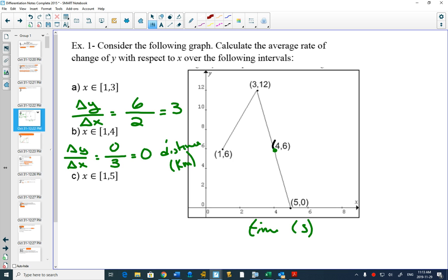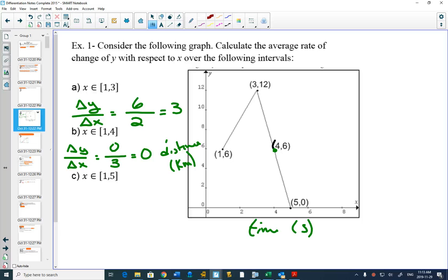Okay? So if we're looking at your average rate of change, you haven't moved. Sounds pretty boring, in fact. In 3 seconds you haven't moved, according to your average rate of speed.